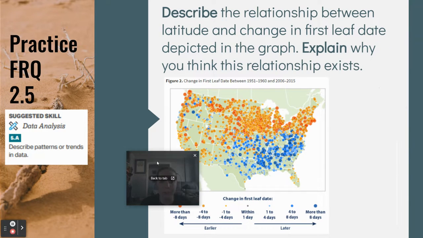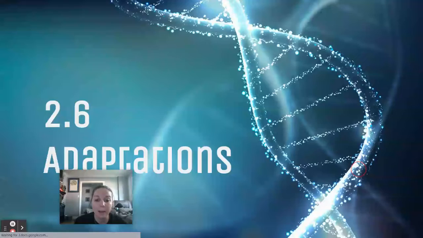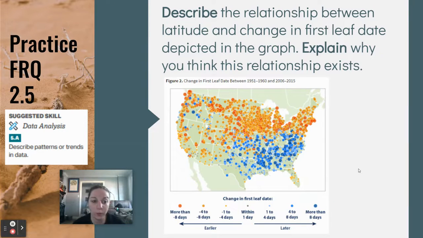So for our FRQ today, we're going to do some data analysis, describing patterns or trends within visual data. What you can see here is this is showing us change in first leaf date. So when leaves start changing color, you can see our dark orange trees are now changing color more than 8 days earlier than they have in the past.